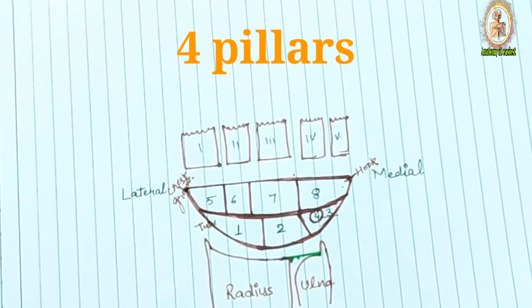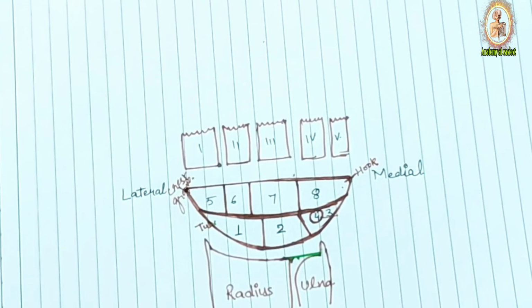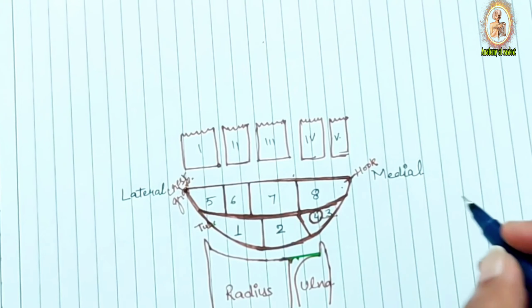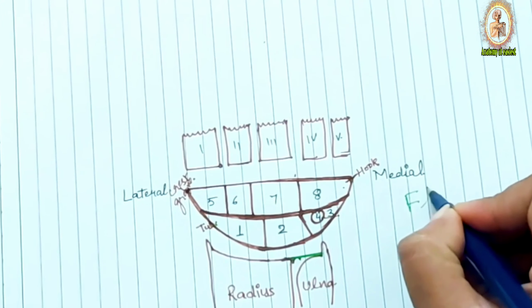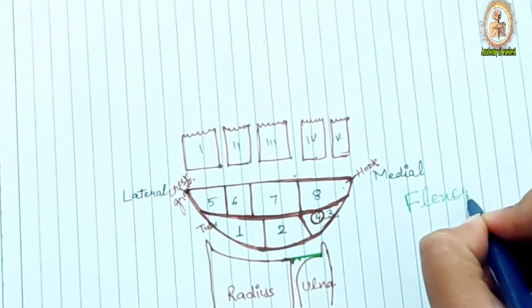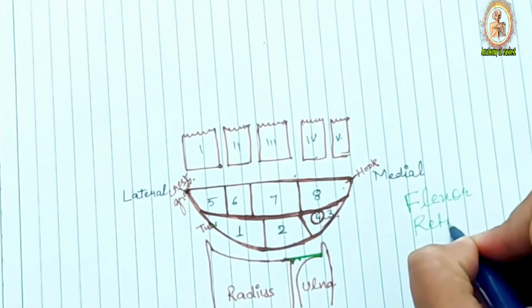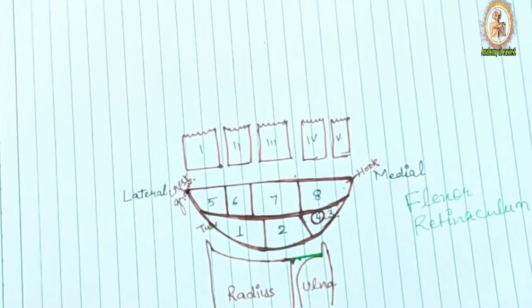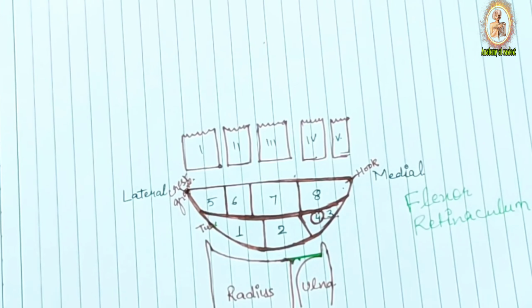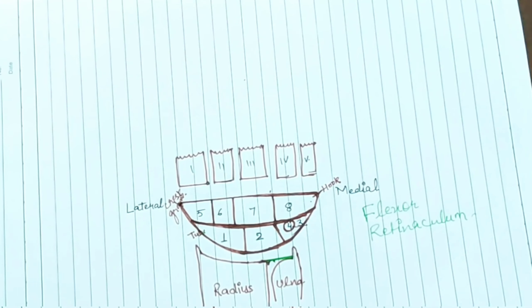Now, as I said, they form a tunnel-like structure by the attachment of flexor retinaculum. So the first thing to learn is that all 4 pillars give attachment to flexor retinaculum.